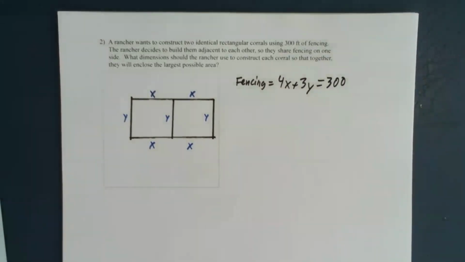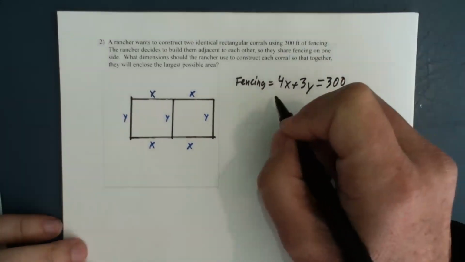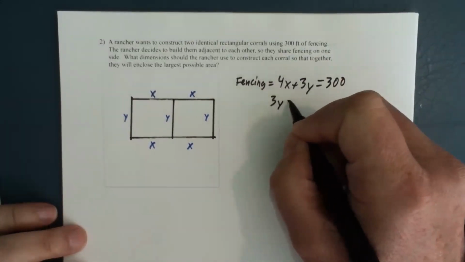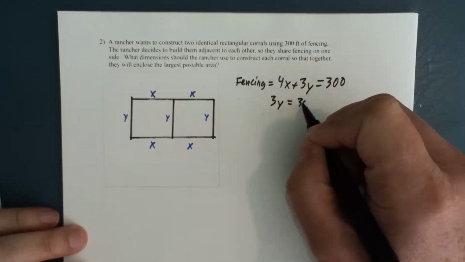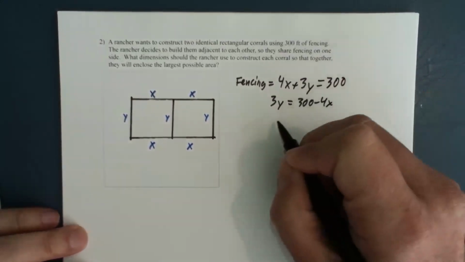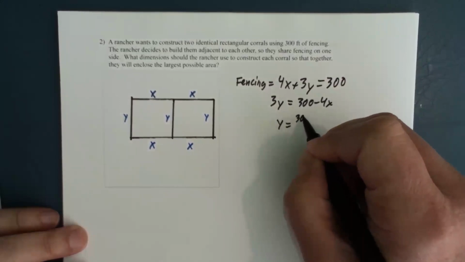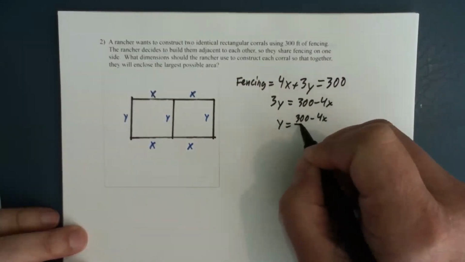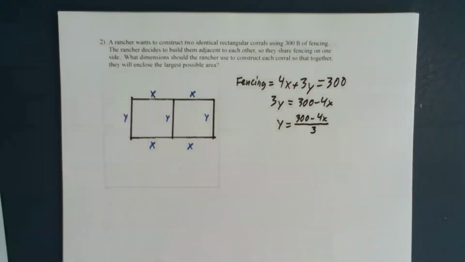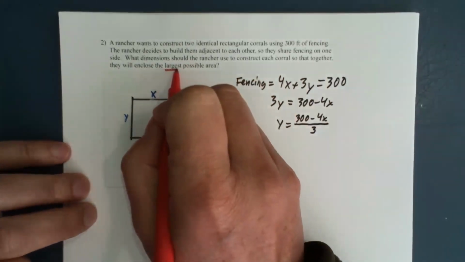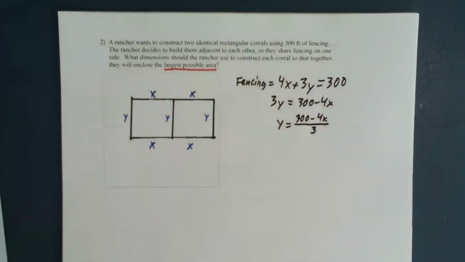And what I'm going to do is I'm going to solve for Y. Now that might look kind of awkward, and that's certainly understandable. And please note that what we are looking for, once again, is the largest possible area.